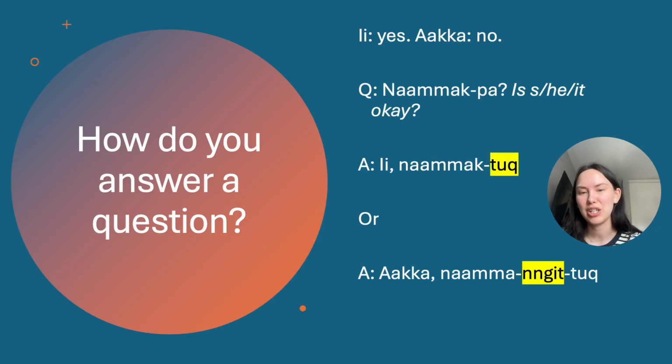So we're going to start here with a little example question. So namak ba. Is he, she, or maybe an object okay? So you notice we have that question ending. So when we answer a question, you're going to put in that yes or no. So here the answer is I, which is yes.